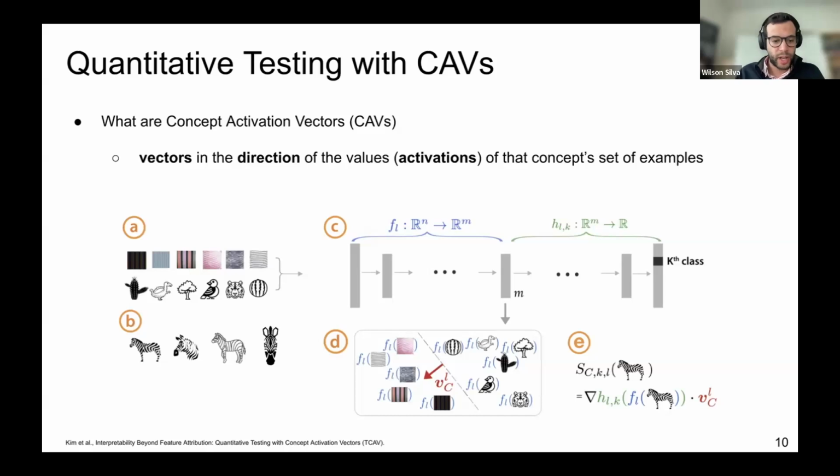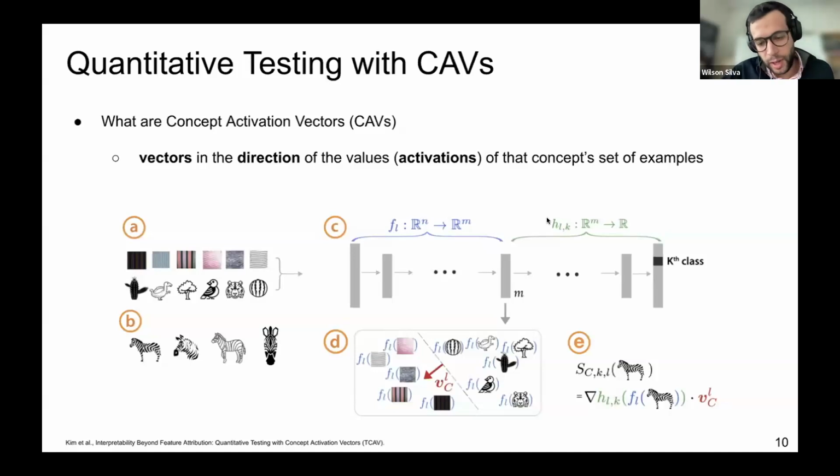So the idea here is we have a model, and this model was already trained, is already being used, and now we want to understand if a specific concept is relevant for this model. For instance, in the case I have in the slide, the idea was to try to understand if stripes was a concept that is relevant to classify zebras.